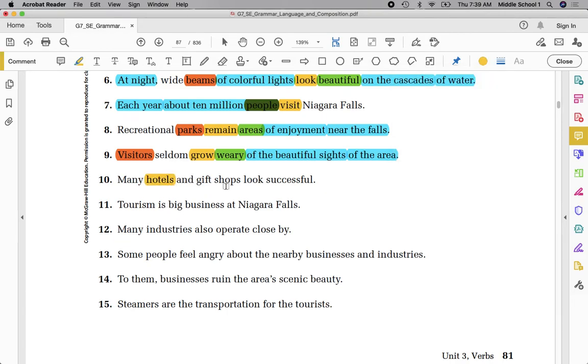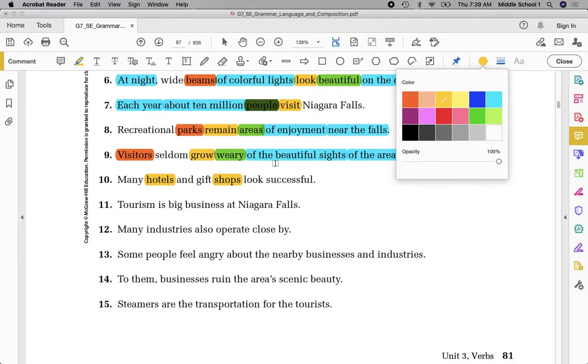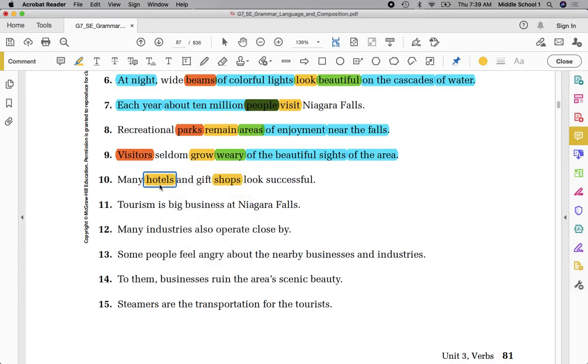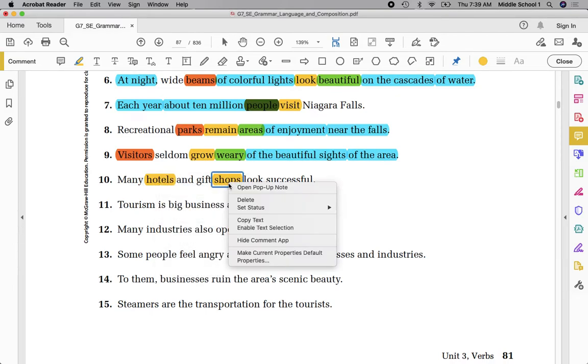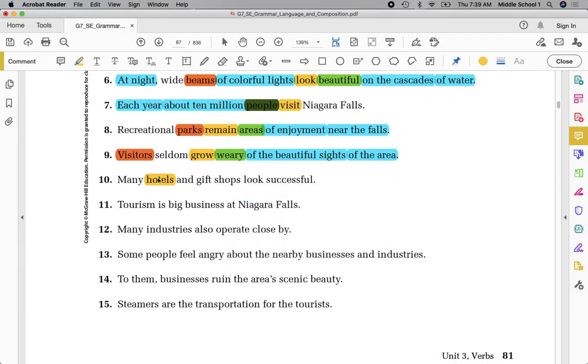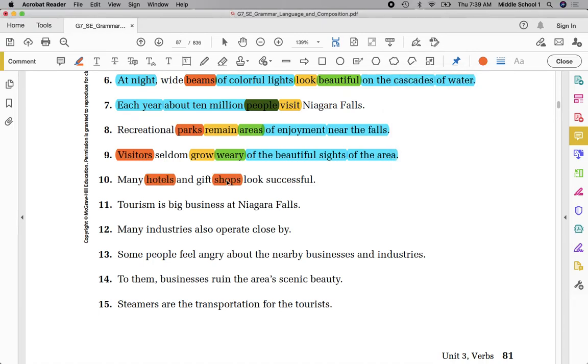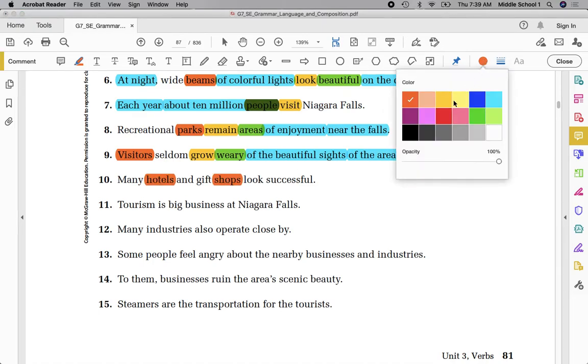Hotels and shops. What do they do? Hotels and shops. I mixed this up again. They look. Hotels, shops.